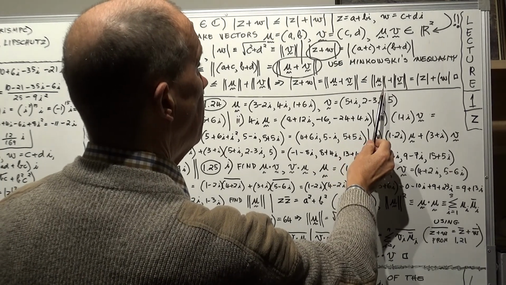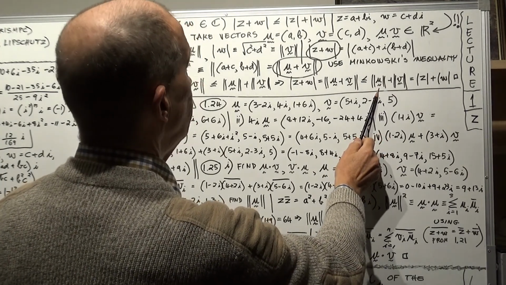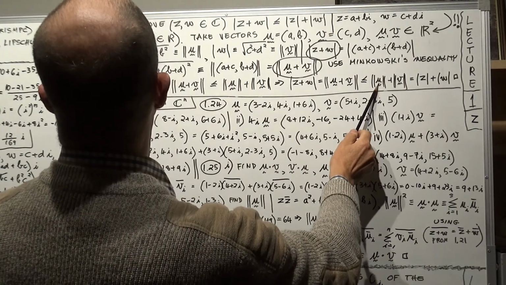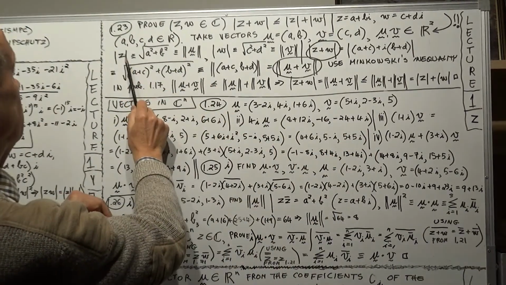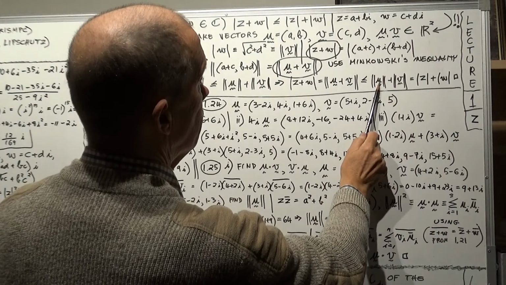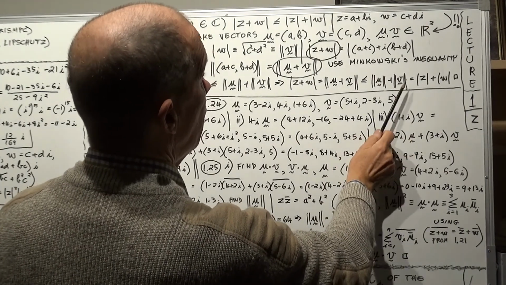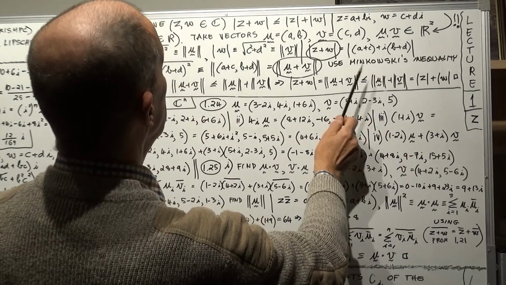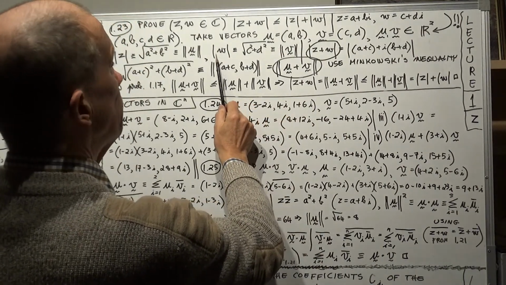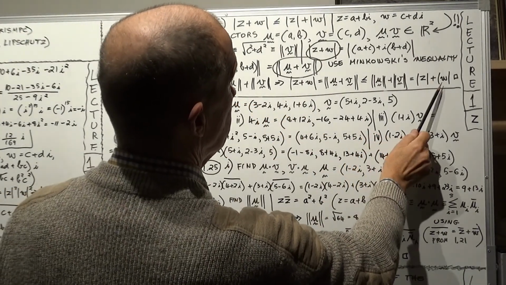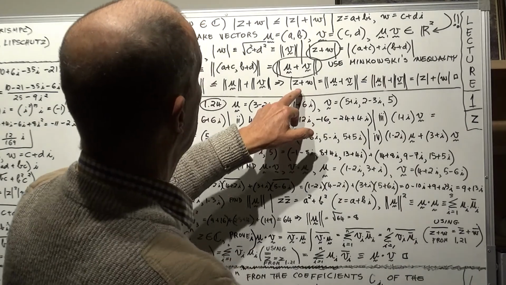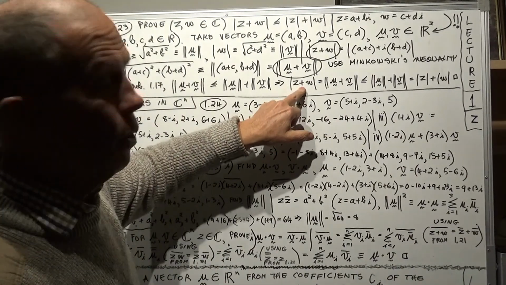and the norm of u is from here. The norm of u is just mod z, so instead of that, just put mod z. And the norm of v is here, so mod w. Instead of that, just put mod w. So now we have the mod of the sum.